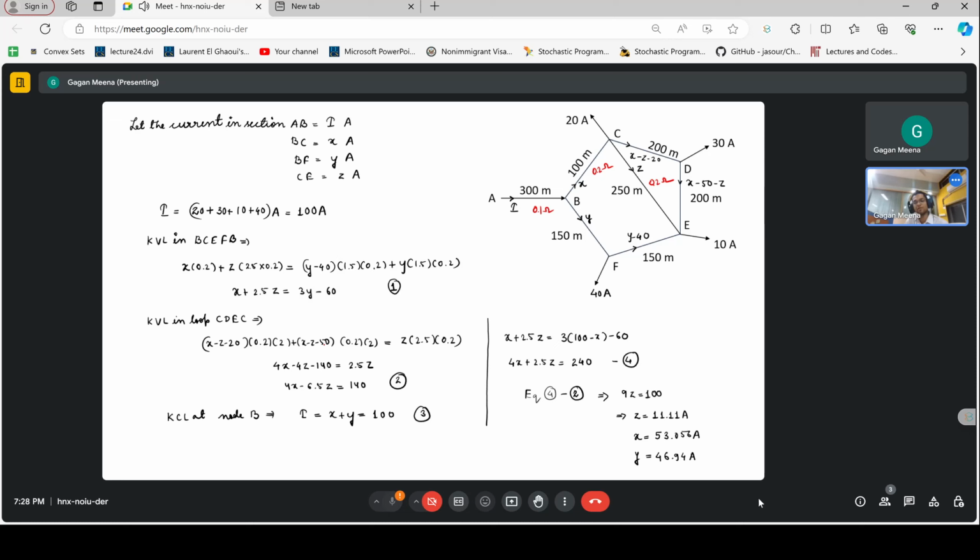Now solve these two equations, add these two, and we get X and Z. Z is 100 by 9.